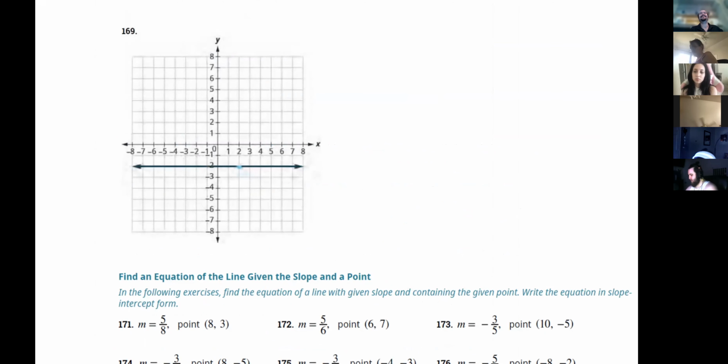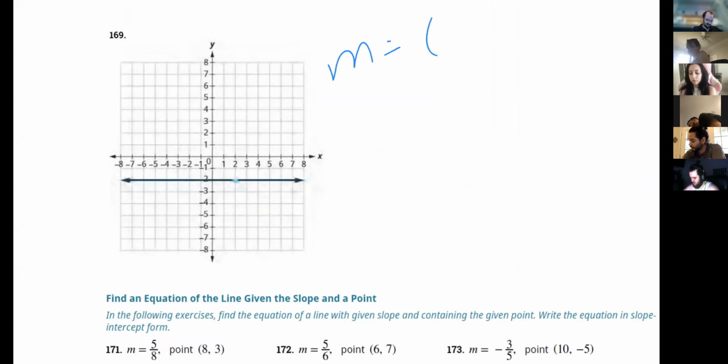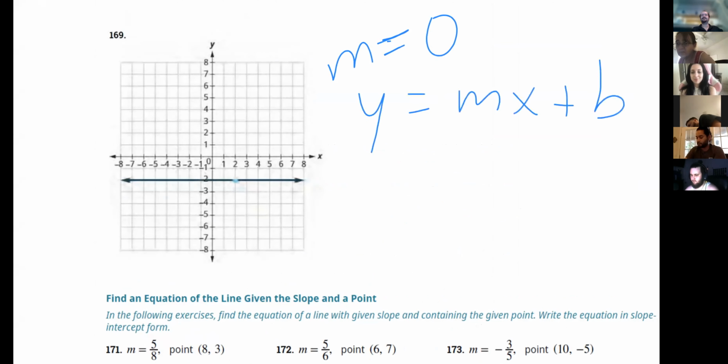That's it. Zero slope. M equals 0, because it's a horizontal line. Are y'all really going to try to put it in y equals mx plus b? I mean, you can. Well, it's y equals 0x plus b.